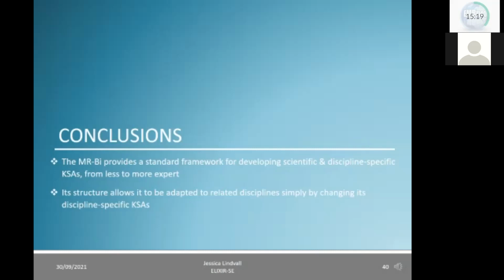So the Mastery Rubric structure in itself allows you to build another Mastery Rubric for another related discipline. And it's a multi-layer tool with applications in professional development and course design. And with that, I'd just like to say that it's not as scary as it looks. So why not just try it? See how it feels and let us know how it works for you.